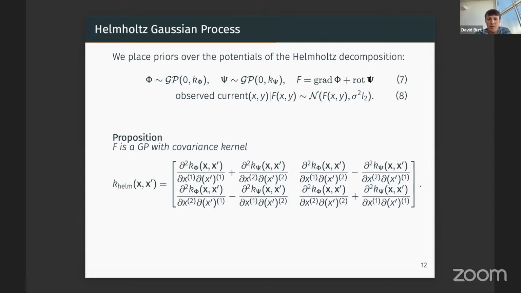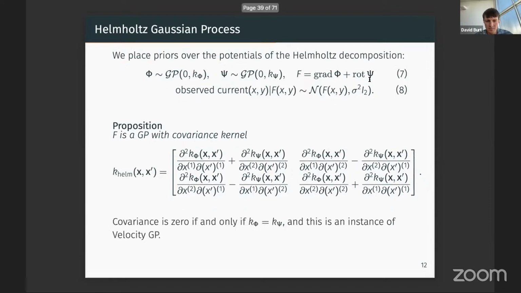And again, the exact formula isn't crucial, but it's computed in terms of mixed partial derivatives of the base kernels that we use. And so we can compute these just with automatic differentiation.